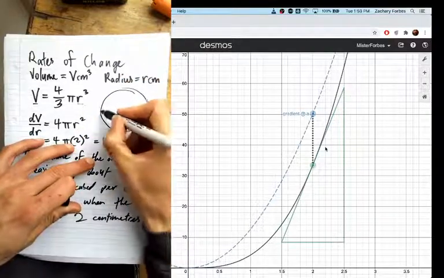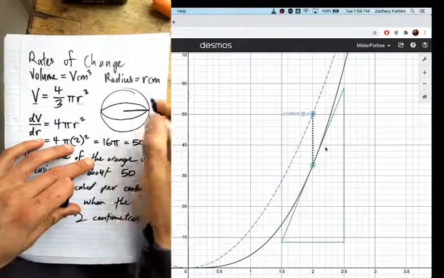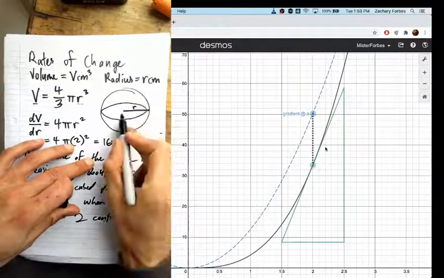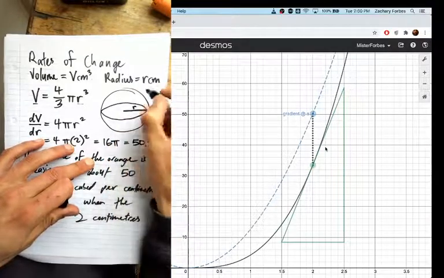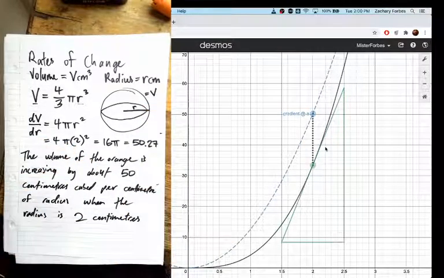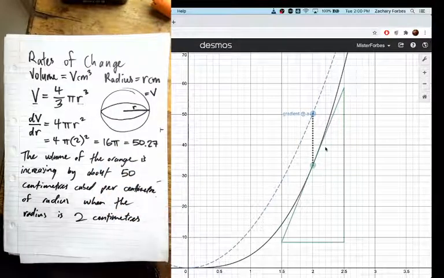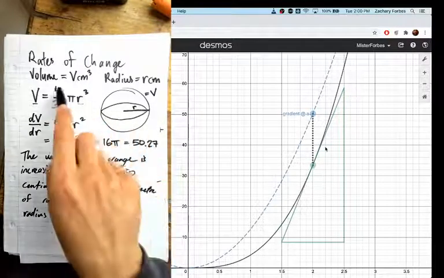So with this one, you might want to draw yourself a sphere and have a picture of what exactly you're looking at. So I'm looking at how fast the radius is increasing, and I'm seeing how big the volume becomes as the radius increases. So drawing a picture is really helpful, especially for working out what your variables are.